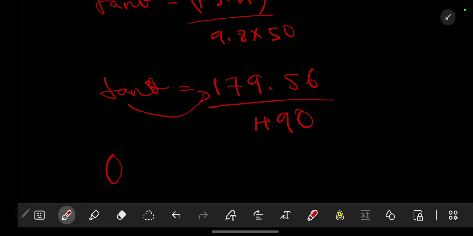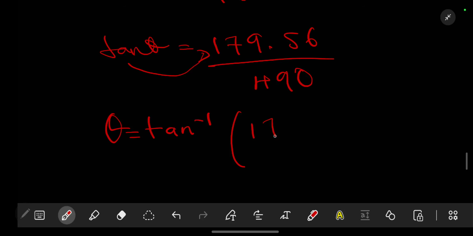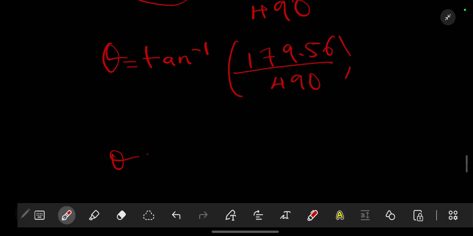If it goes this side, it becomes tan inverse. So theta is equal to tan inverse of 179.56 divided by 490. The value that we are going to get is 20.13 degrees.